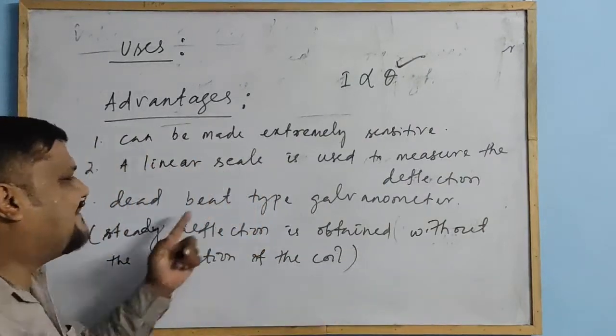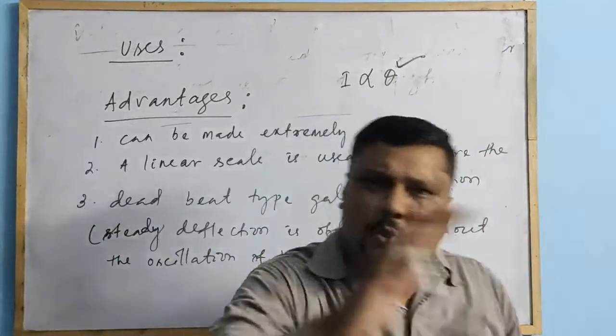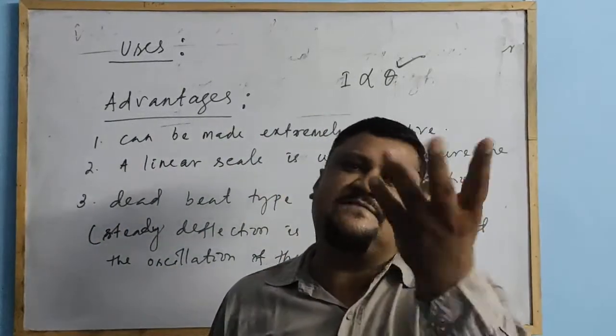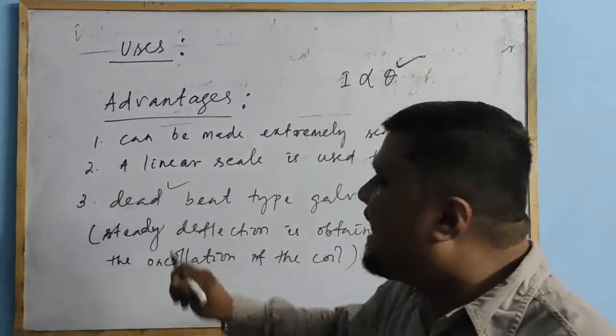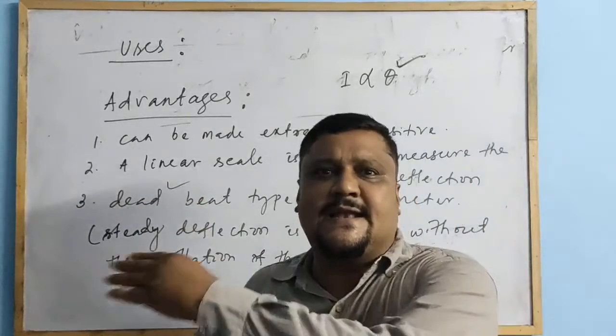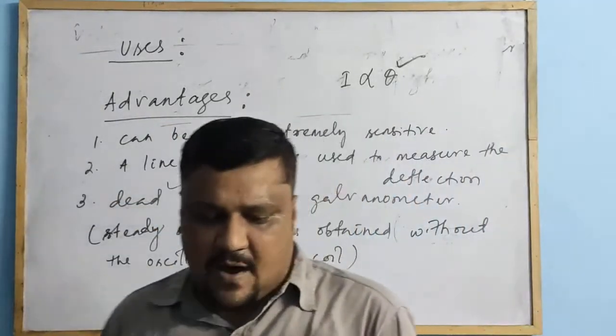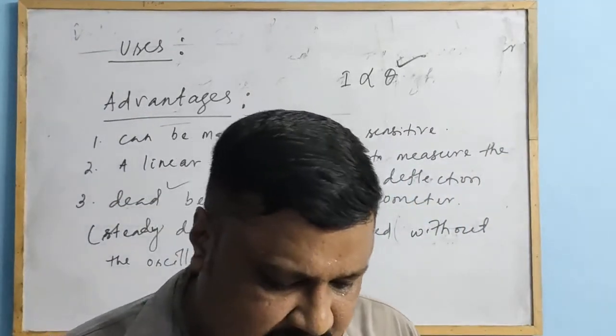That is a deadbeat type galvanometer. The coil is not oscillating, it is just deflecting to its position. If the coil is oscillating, it creates more difficulty. So it is a deadbeat type of galvanometer. Okay. So these are the uses.